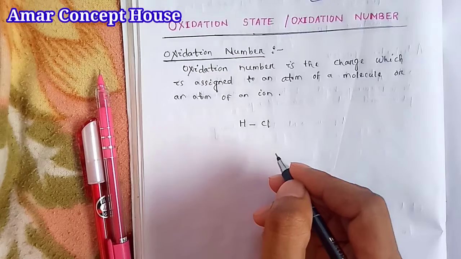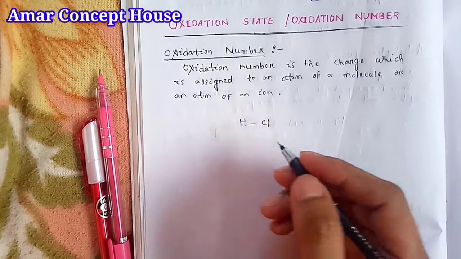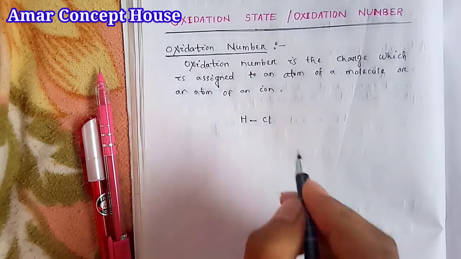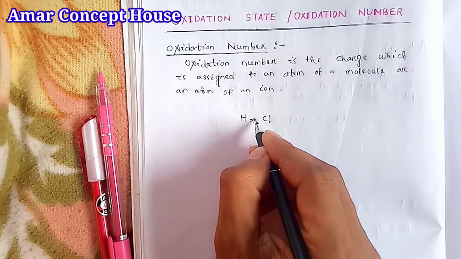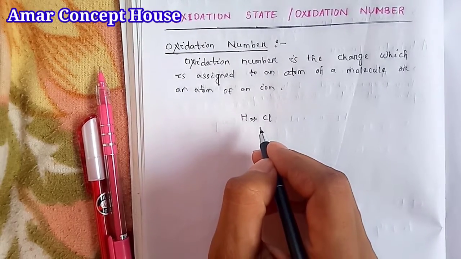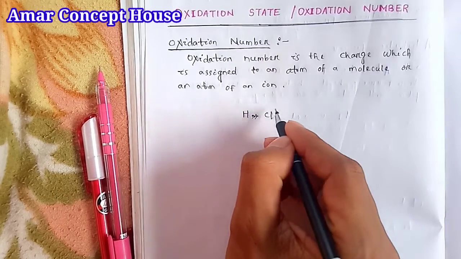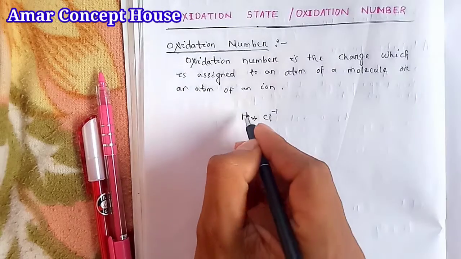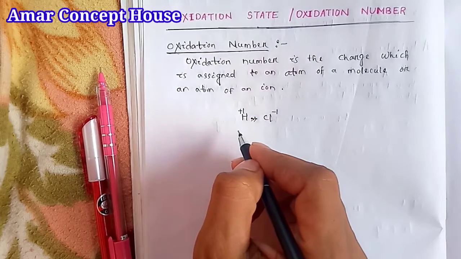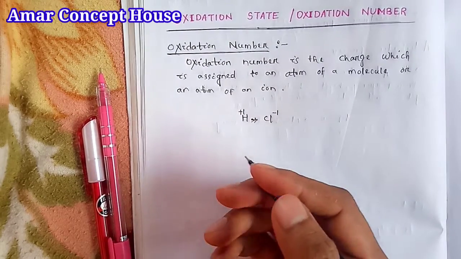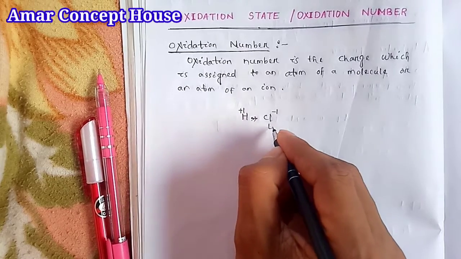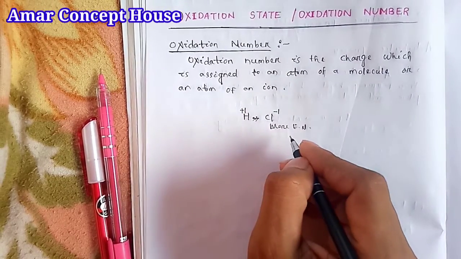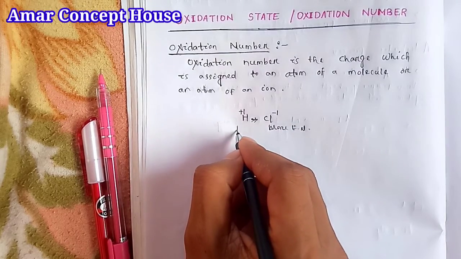I will take hydrochloric acid, and we say that these two electrons shift to chlorine. That's why on chlorine it is -1 charge, and on hydrogen it is +1 charge. So we say that chlorine is more electronegative and hydrogen is less electronegative.